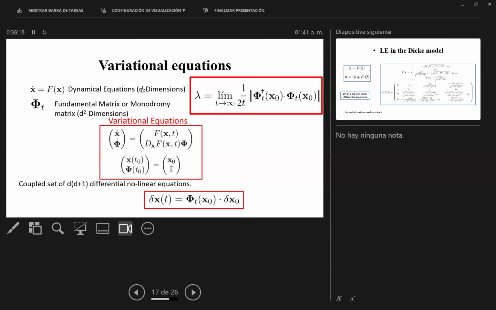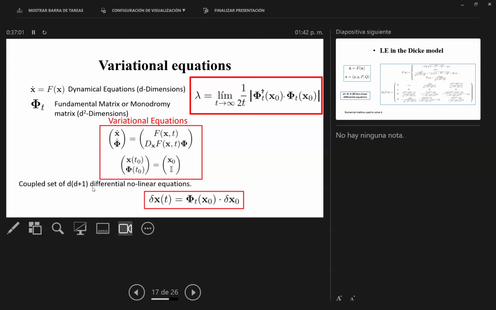If you have a d-dimensional system, the fundamental matrix is a d-by-d matrix, and we need to solve both at the same time: the dynamical equations and the monodromy matrix dynamics, with their differential equations and initial conditions. This is sometimes called the variational method.